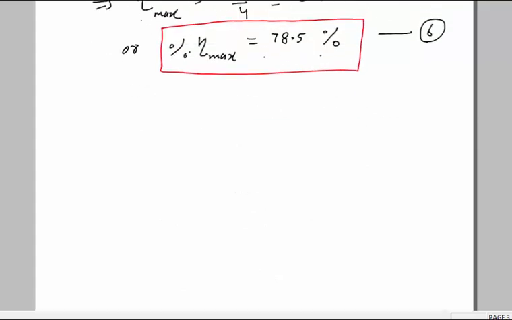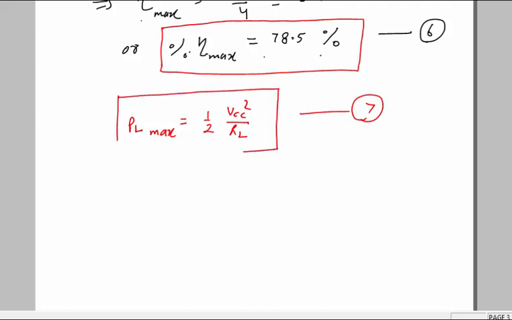So PL max equals half Vcc square by RL. Let's call it equation number 7. This is also an important result.